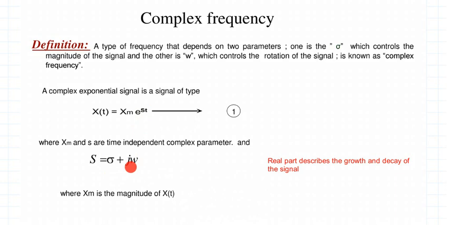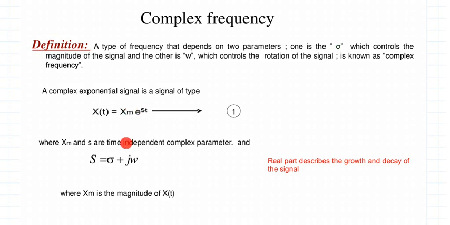So what does sigma do and what does omega inform us about this, why are these two terms involved here? This sigma controls the magnitude of the signal, or indirectly, this sigma helps us to get the information about the magnitude of the signal. This s, which is having two terms, sigma and j omega, this sigma term which is hidden in s helps us to get the magnitude information of the signal.